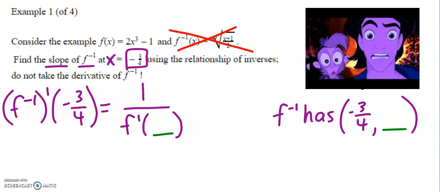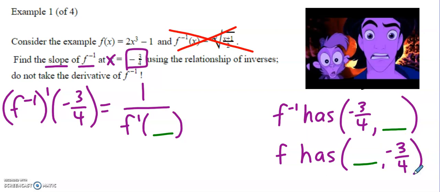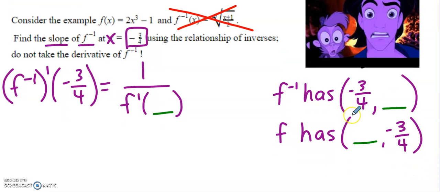If f inverse has negative 3/4, that means f has to have had an input of the mystery and an output of negative 3/4. These are buddy points. Okay, still kind of thinking through it. How can I find this green value, this input here, because I really need this number here because that's what fills in my mystery for my structure?